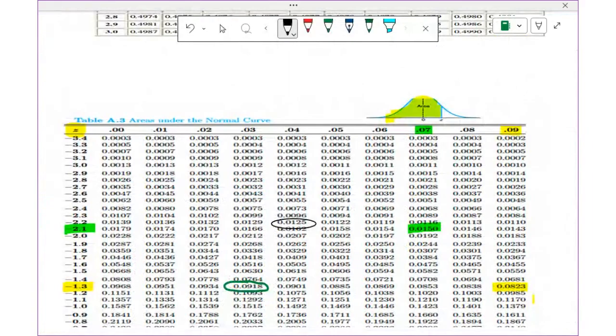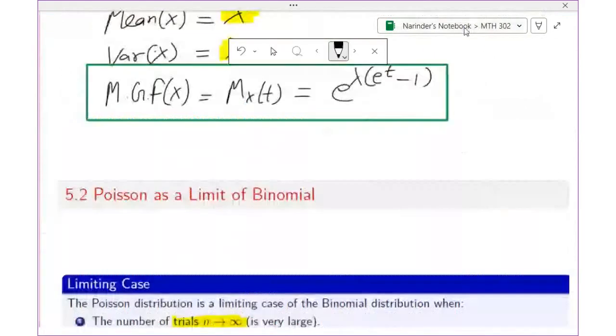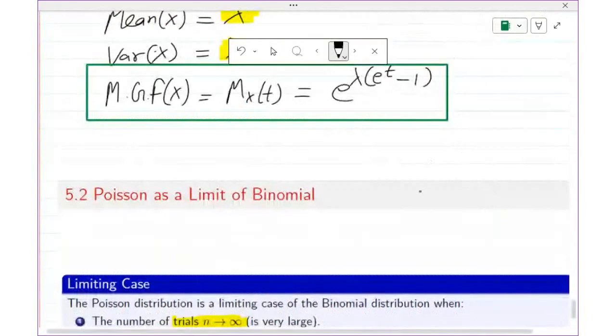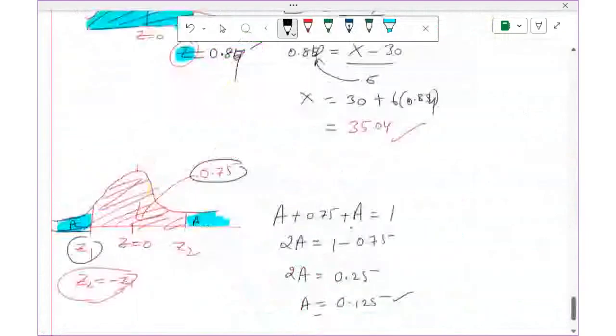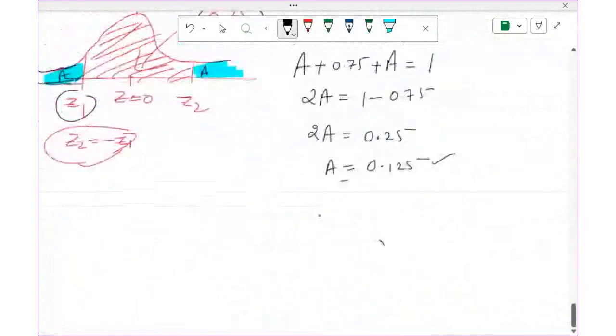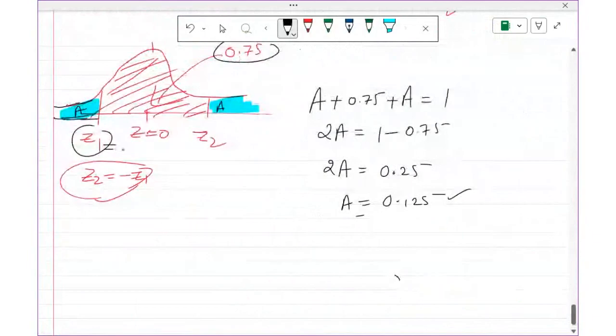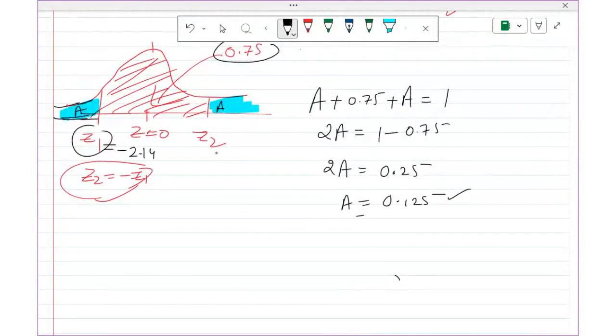This is occurring at minus 2.14, so it means Z1 is equal to minus 2.14. So Z2 will be plus 2.14, and then we will convert these values in terms of X.